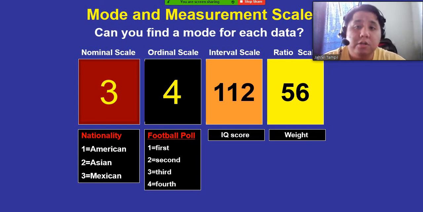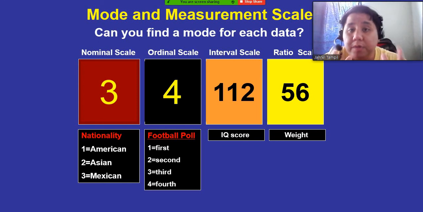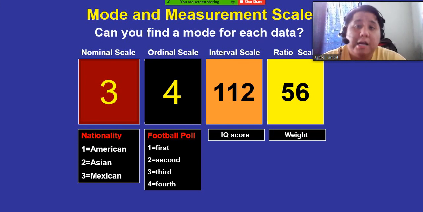However, mode is also seen as the weakest measure of central tendency. This is because we're only getting the most frequently occurring score. That means we cannot do any higher computation or operation other than just merely counting the highest occurring score.